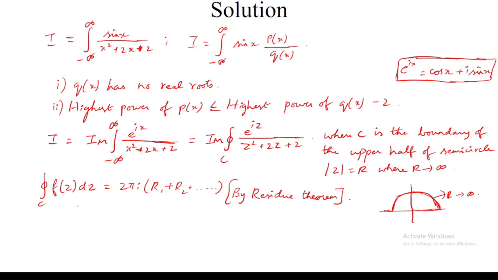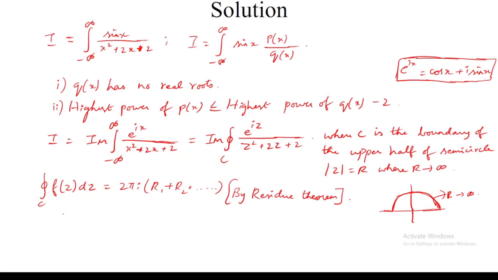Here R1, R2 are the residues of the isolated singularities of f of z about the contour. First I have to find out whether f of z has any isolated singularities for this contour. In order to find the isolated singularities, I first have to factorize the denominator and find its roots.